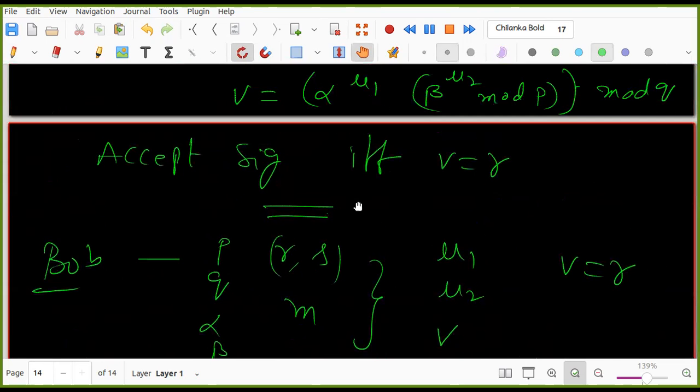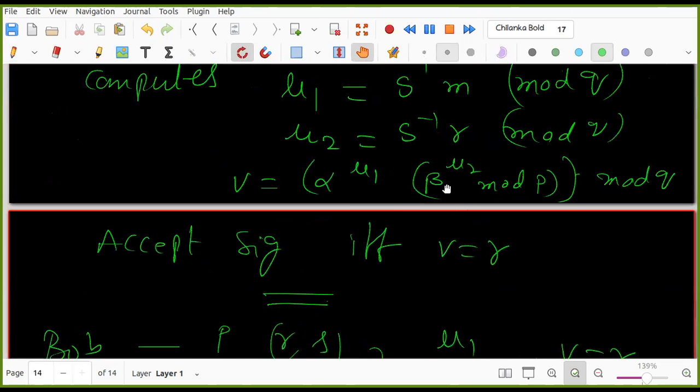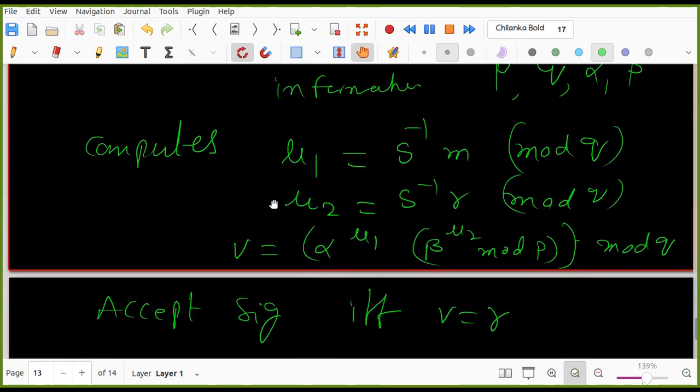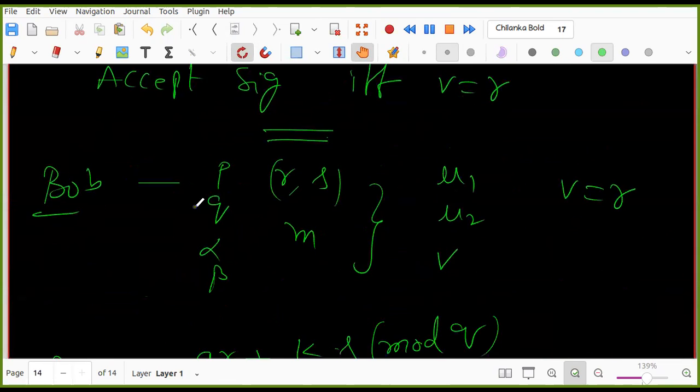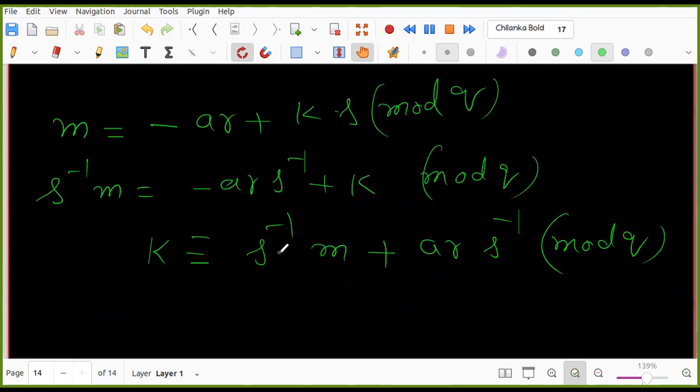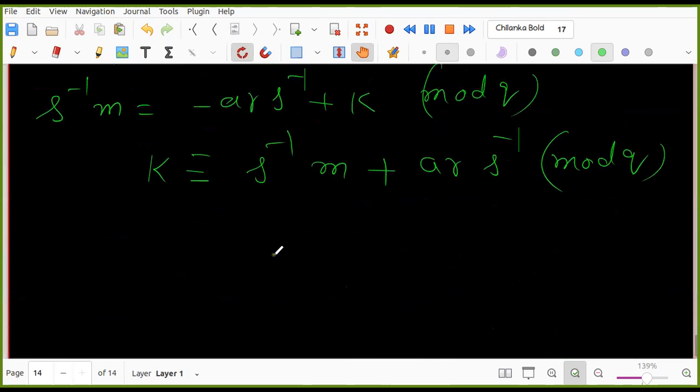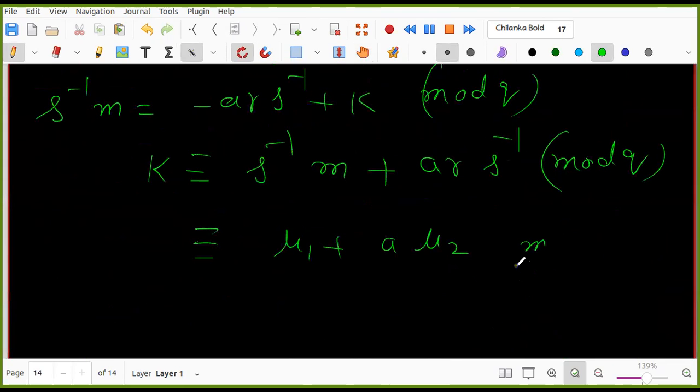U1 is S inverse M, U2 is S inverse R. So K is equal to U1 plus A U2 mod Q. Now it is easy to check.